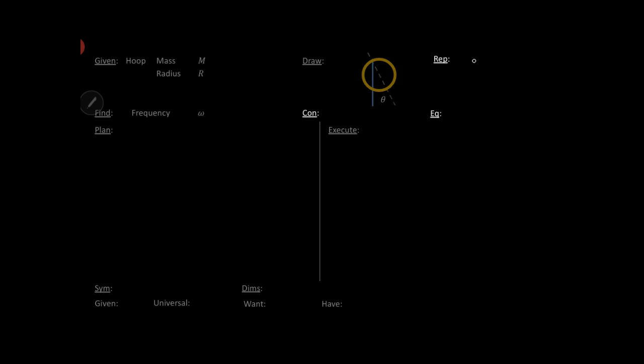Now, in fact, we draw our extended body diagram. What we want to do is put the axes at the pivot point, which is right here. And since there's only one force here, if we have collinear forces, the best way to draw this is to pretend that the hoop is a bar.